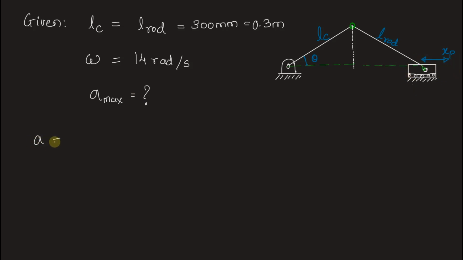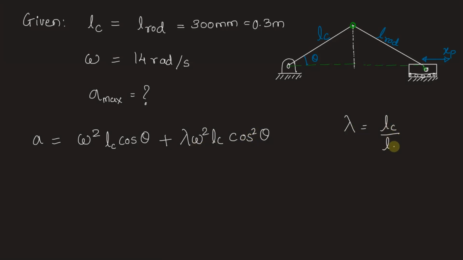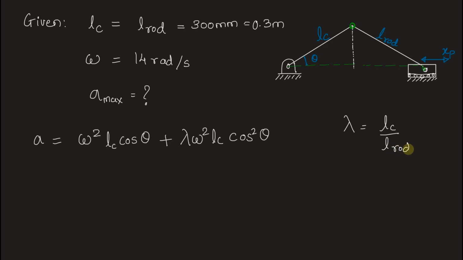Acceleration of the slider is given as angular velocity of the crank omega square into length of the crank LC cos theta plus lambda into omega square LC cos square theta. Now here lambda is the ratio of length of crank and the length of connecting rod. In the given question, both lengths are equal, so we can write this ratio is 1.